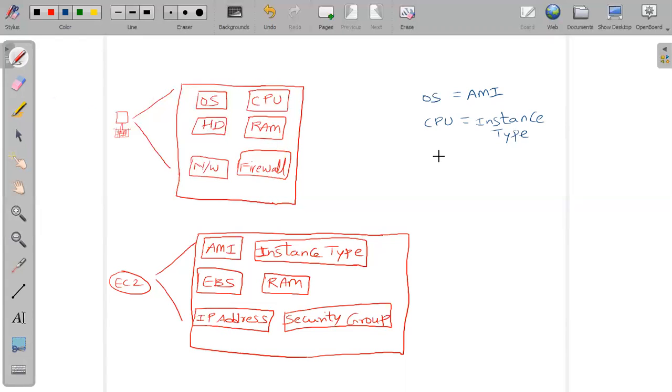And hard disk is equal to EBS. Anyway, RAM is equal to RAM. You're following? Next, network card, or whatever name you put, is equal to the IP address.